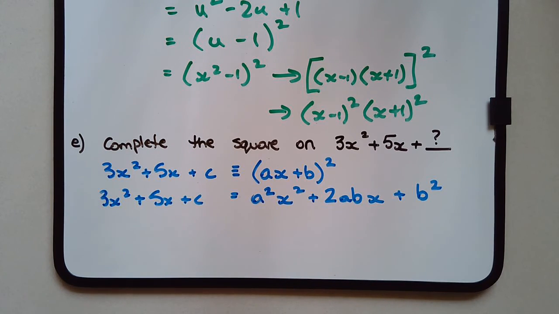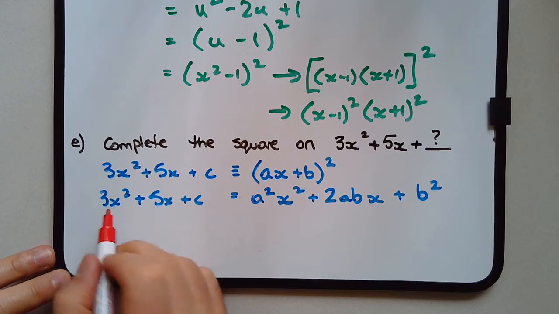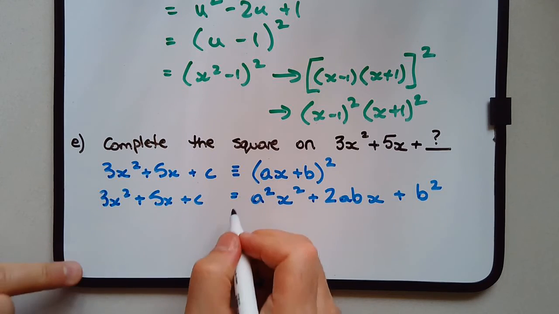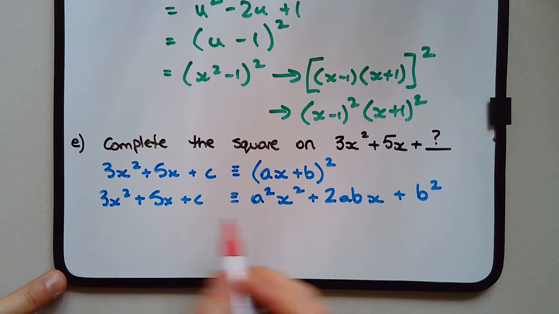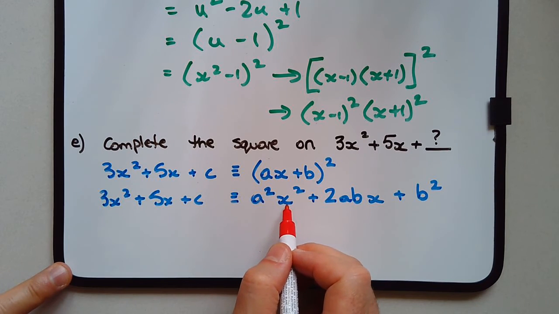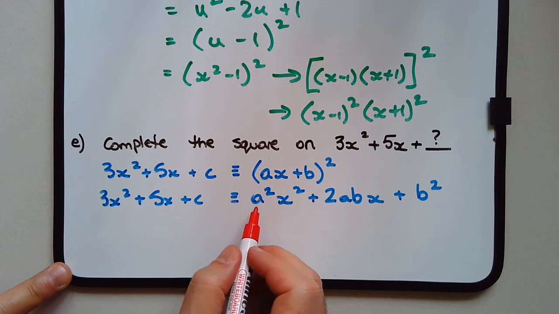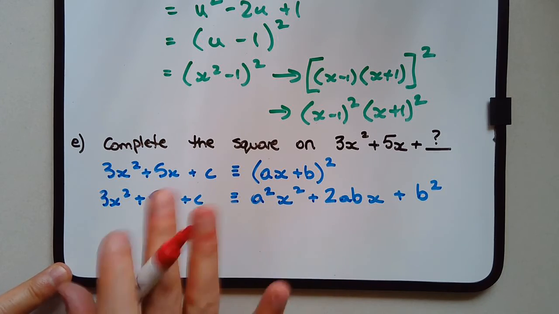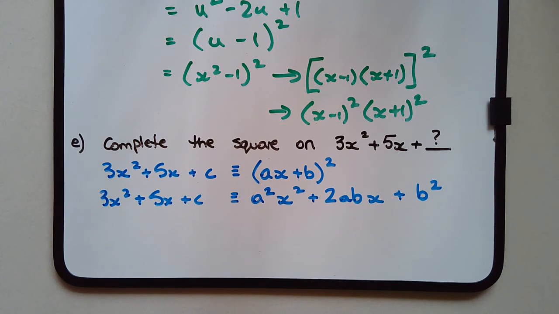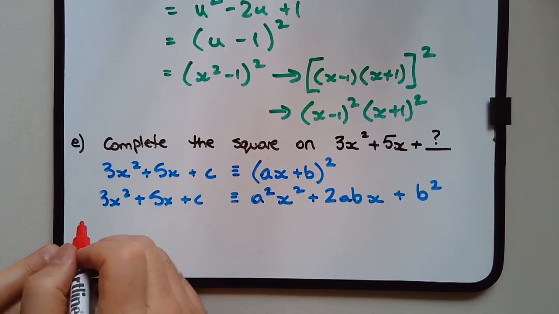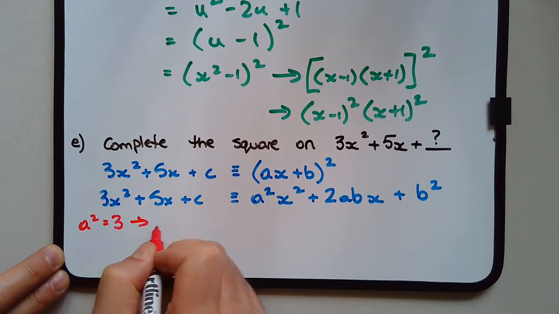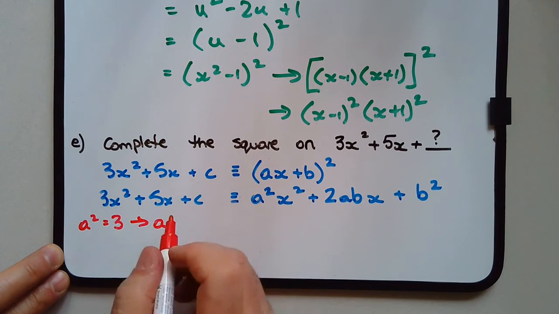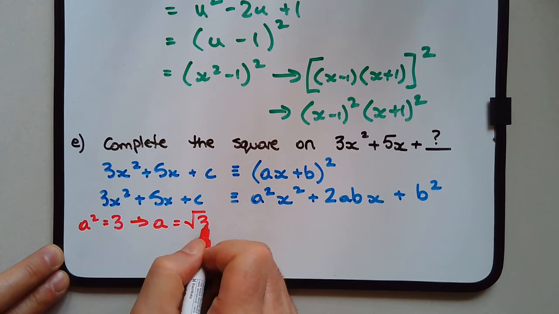This 3x squared here is really equal to a squared x squared. So a squared is equal to 3, and everything's positive, so we don't have to consider the positive or negative case here. Just leave it as a positive number. So a squared is equal to 3, therefore a is equal to the square root of 3.